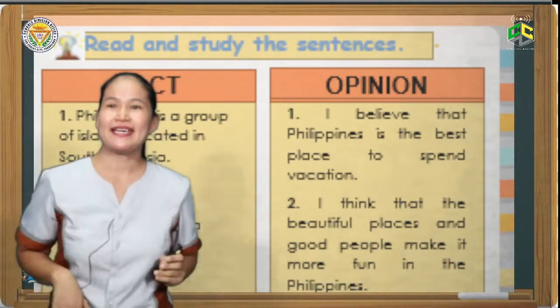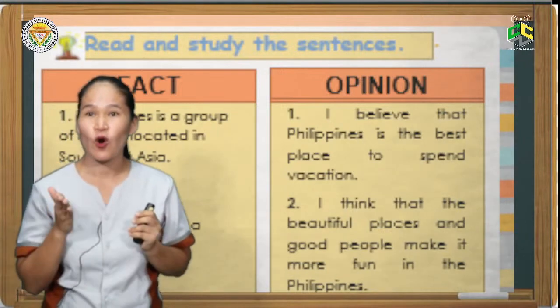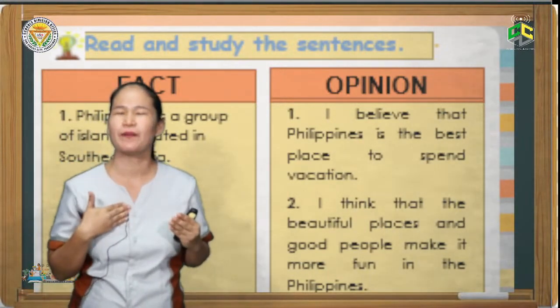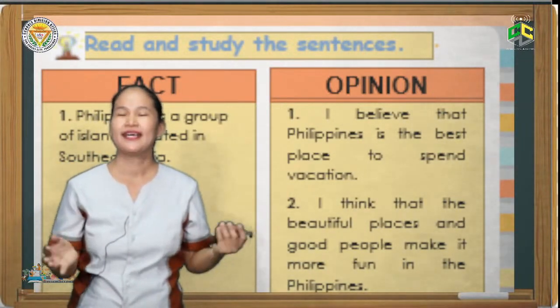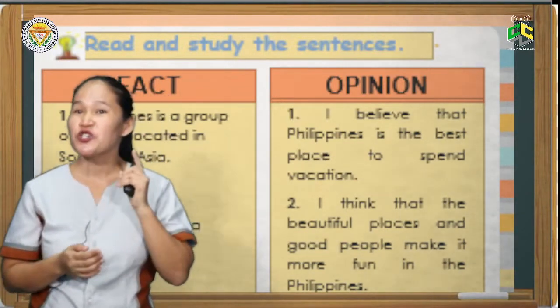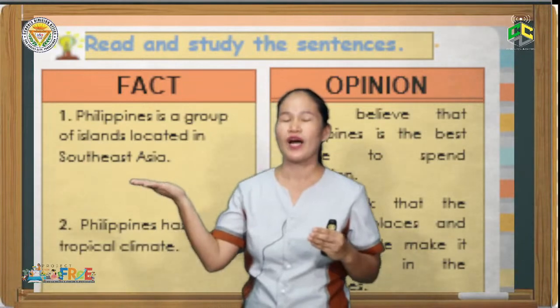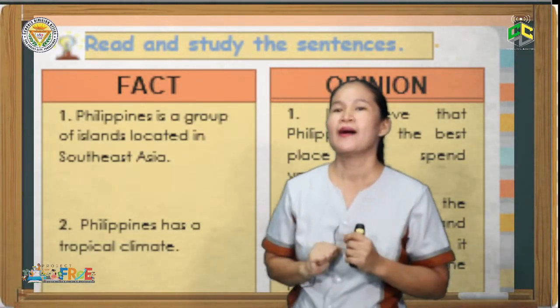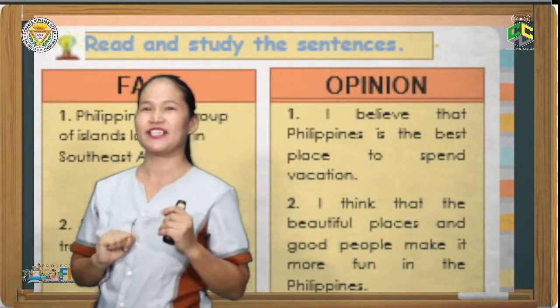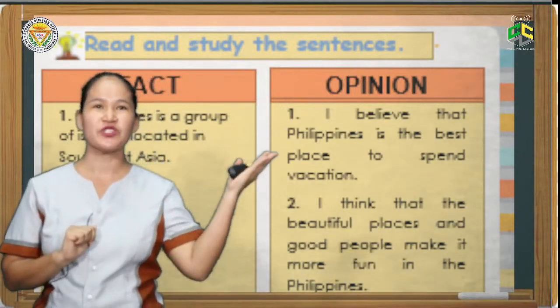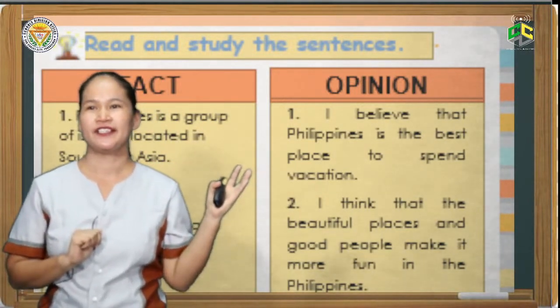That's right. It expresses belief or personal feeling about the Philippines. Class, I would like you to know that the sentences in column A are what we call facts. And the sentences in column B are examples of opinion.